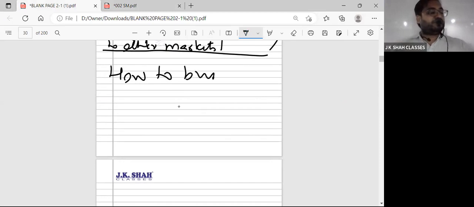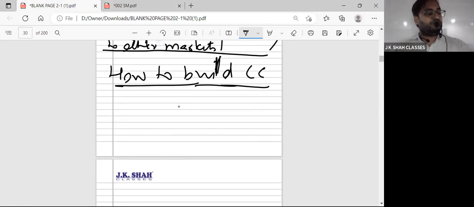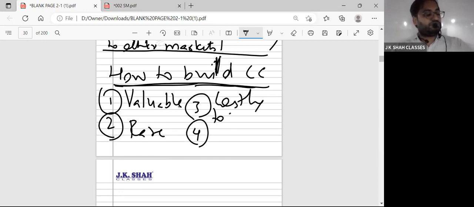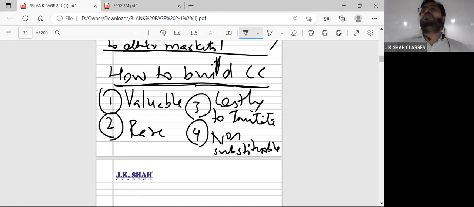Important question, guys, how to build core competence. How to build core competence. 4 points. Very simple 4 points. Please write this if you want to. Valuable, rare, costly to imitate, non-substitute.